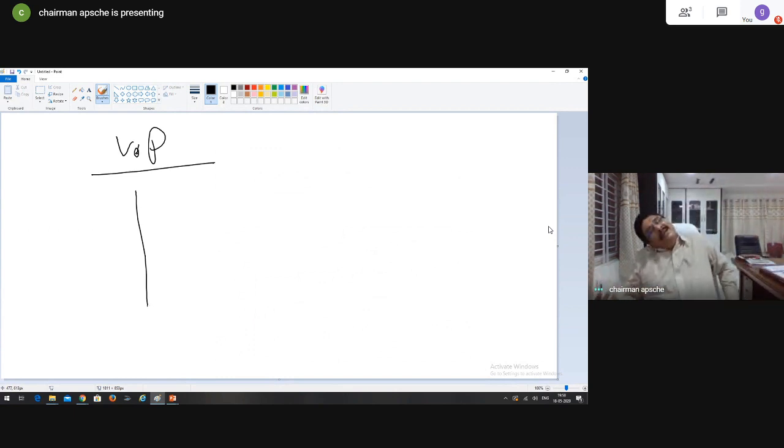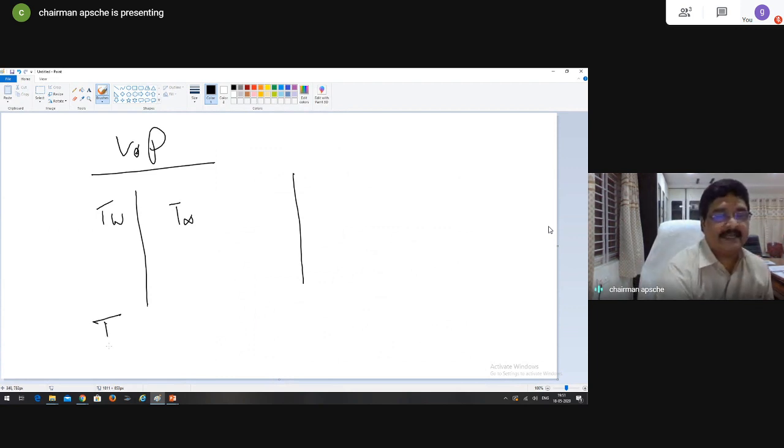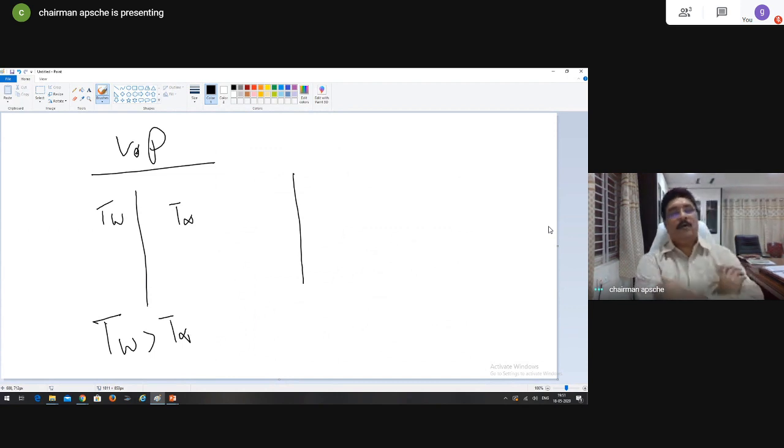Let me take two cases. One is Tw, and this is T infinity. On one side of it, you have fluid, and in this case, I say Tw is greater than T infinity. Meaning what? Cold fluid is participating in convection heat transfer with a hot wall.